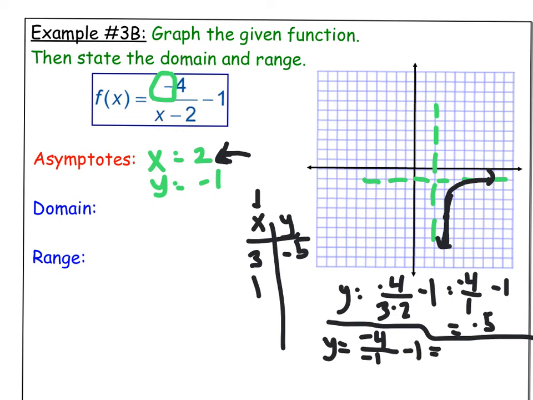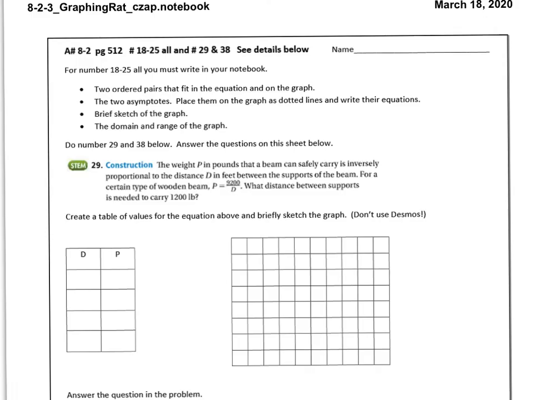A negative over negative is a positive, so I get 4 minus 1, which equals 3. So (1, 3) is up here, so this graph is going to go like this. Remember the asymptotes, I like to put them in as dotted, and the branches I like to put them in as solid.